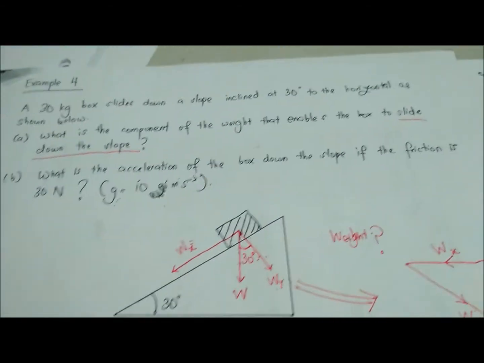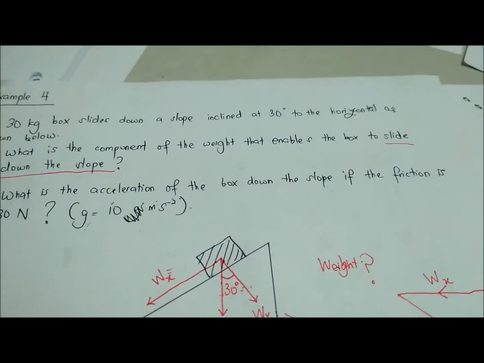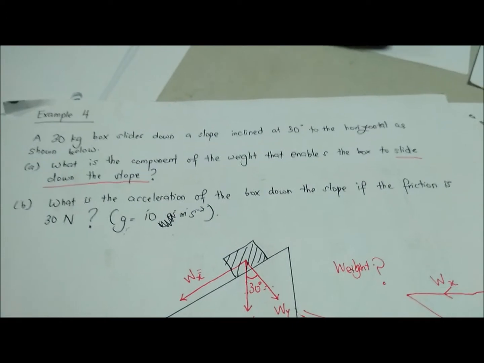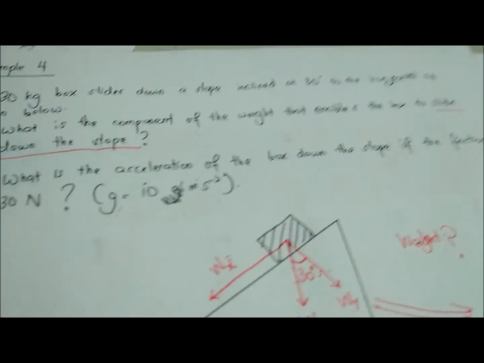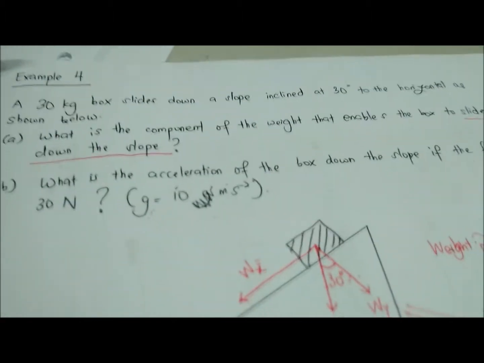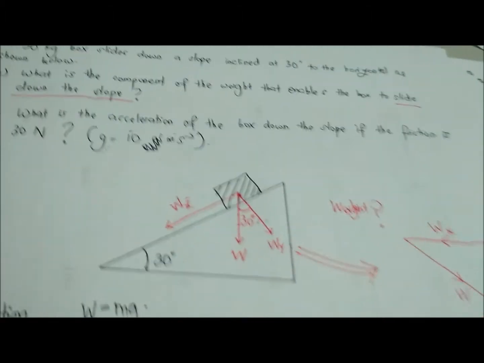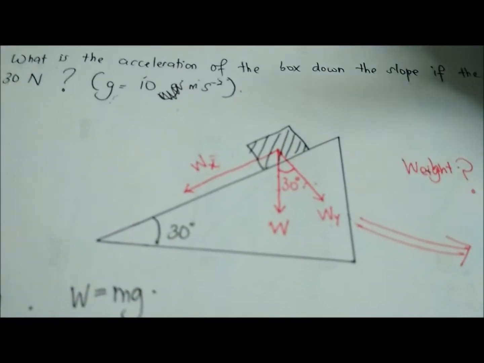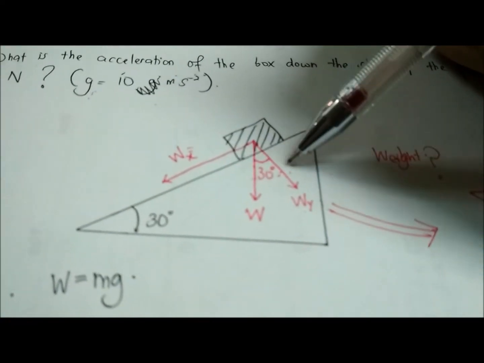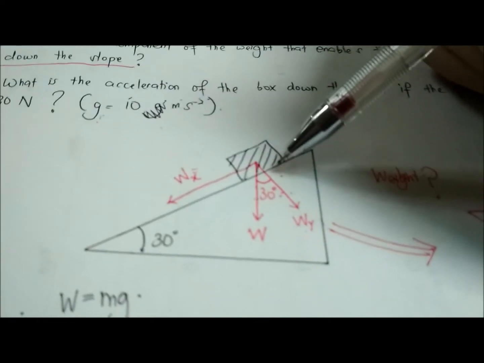What is the acceleration of the box down the slope if the friction is 30 Newtons? We'll see the diagram again. In this case, the box is in contact with the surface of the slope, right?